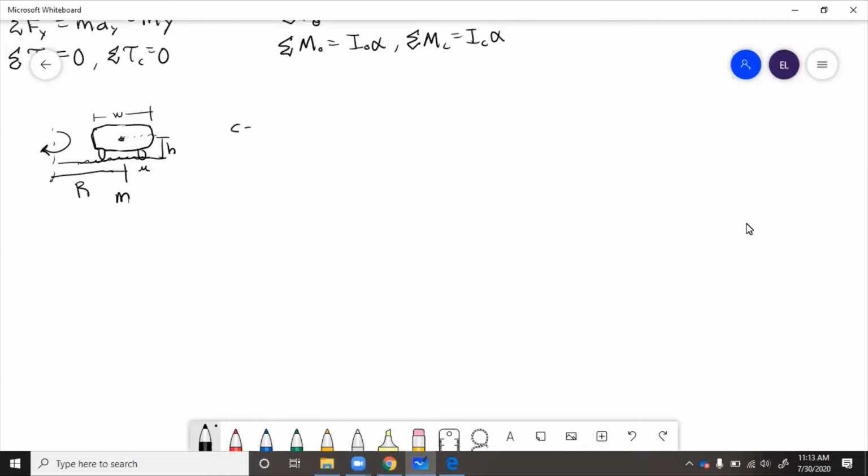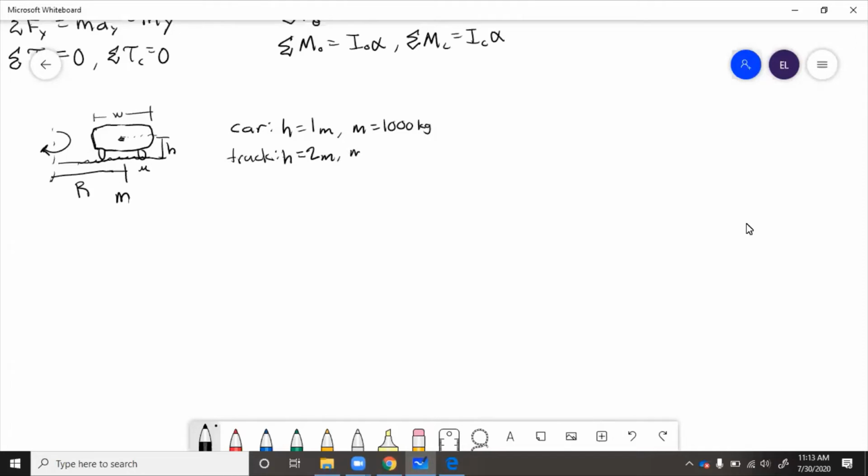So we'll say for a car h equals 1 meter, and for a truck, h equals 2 meters. The truck is taller. And then for the car, mass equals 1,000 kilograms.